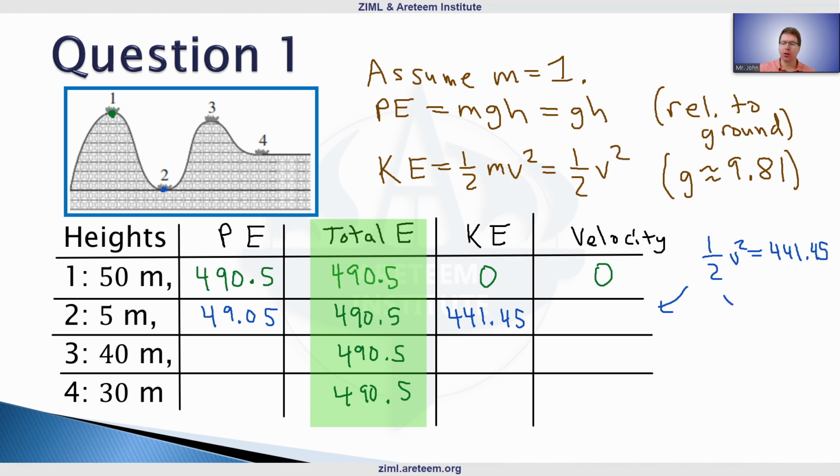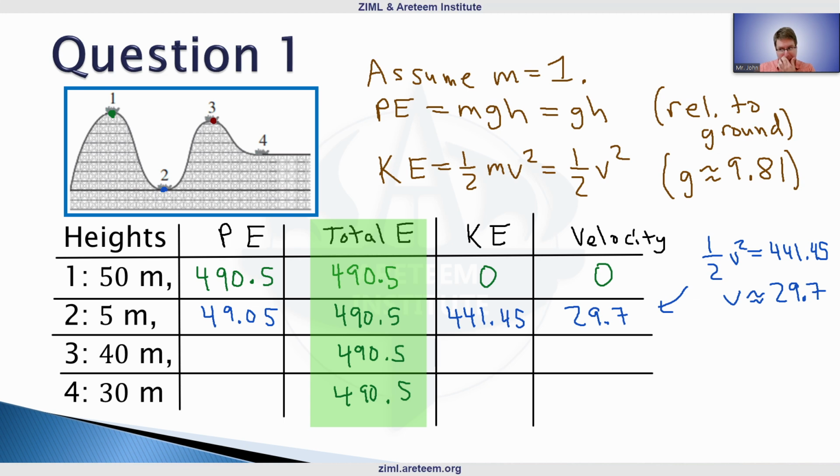Multiply by 2, square root, the velocity is approximately equal to 29.7 in this scenario. Double the kinetic energy, take the square root, 29.7 here. And notice that this same idea can be used for the other points. So let me do these a little bit quicker.